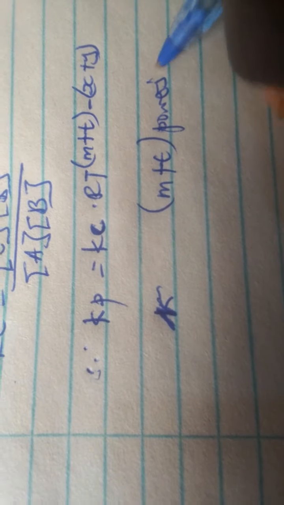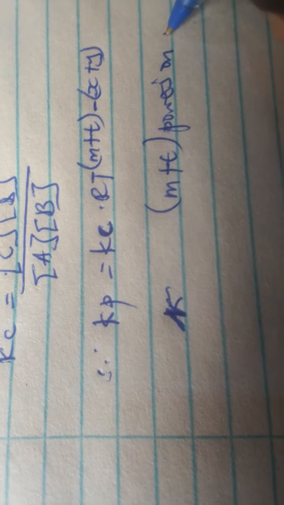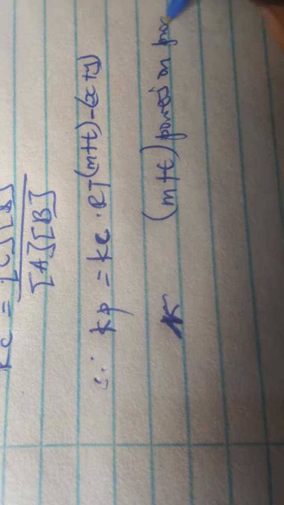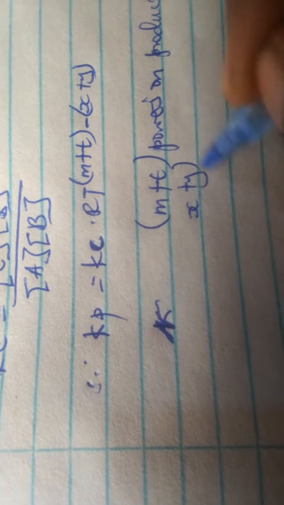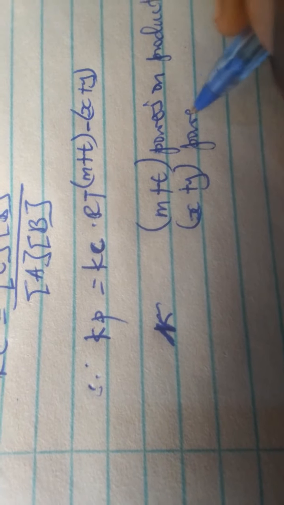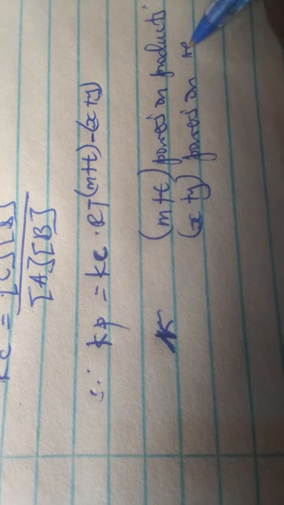So therefore, m plus t are powers on the product, x plus y are powers on reactants.